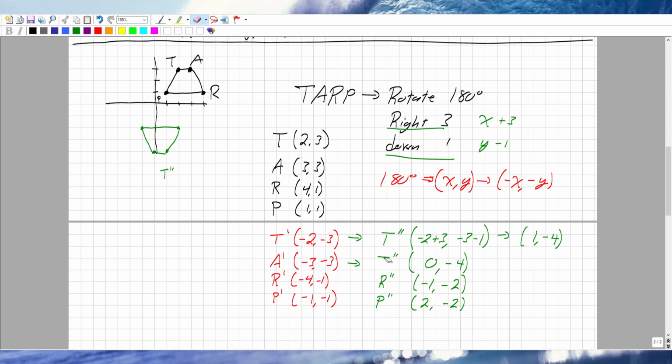I know it's probably bothering people with OCD a lot that I didn't put this as an A. Anyway, T double prime, A double prime, is that 0, negative 4? Which is this guy. R double prime and P double prime. So it's literally just doing it one step at a time, which means you should have no problems with these.